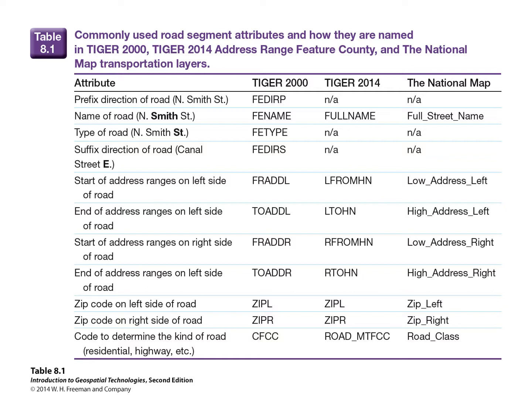This is commonly used road segment attributes and how they're named. And this is from the TIGER 2000, TIGER 2014 address range, feature, county, and national map transportation layers.